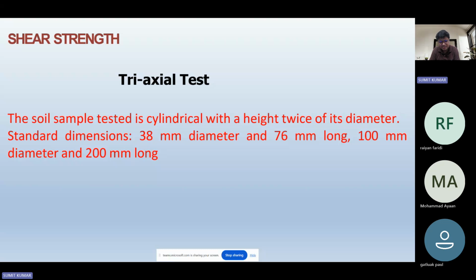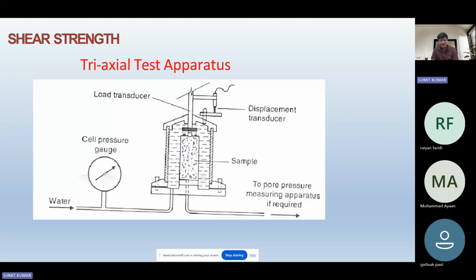Over here the standard dimension of the cylindrical sample is 38 mm diameter and 76 mm long. Sometimes it is also asked that the length to diameter ratio for the triaxial test apparatus is 2:1. And subsequently the 100 mm diameter and 200 mm long sample could also be there. Over here you can also see that the length to diameter ratio is 2:1. Now you can see a triaxial apparatus figure printed over here. The sample is shown.